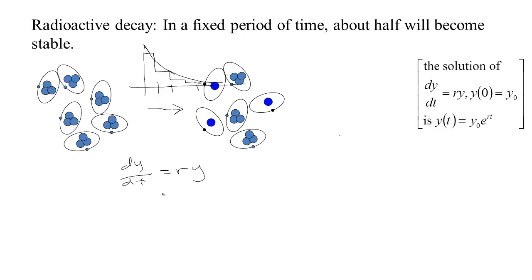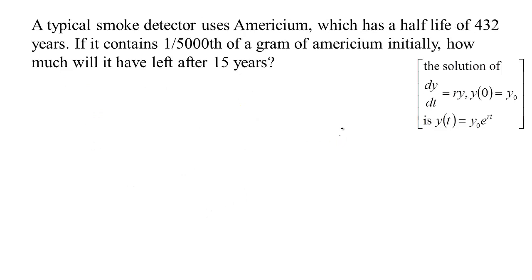So we have this differential equation, and of course the solution to that differential equation is that the amount you have at any time is the initial amount times e to the rt, where r is telling you something about how fast they are able to become normal, or what's their chance in the next time period of becoming normal again.